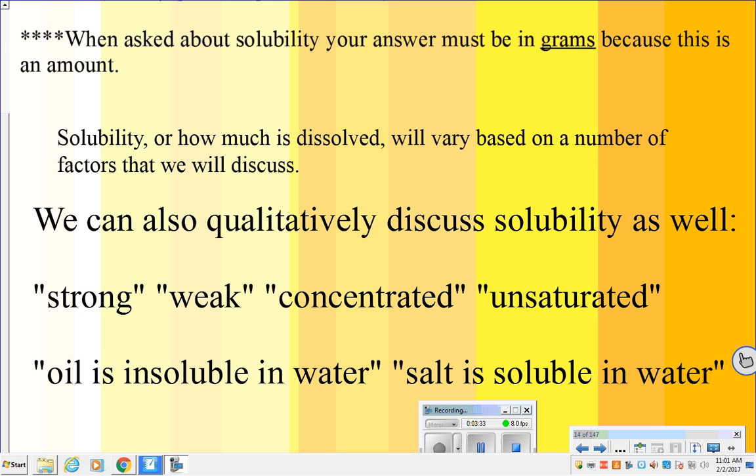When you say things like oil is insoluble in water or salt is soluble in water, if you're not using numbers, that's qualitative. To think about our Kool-Aid example that we talk about from time to time, what you consider weak Kool-Aid might be very concentrated or very strong to me. So these are more qualitative descriptions that really don't have amounts included in them.